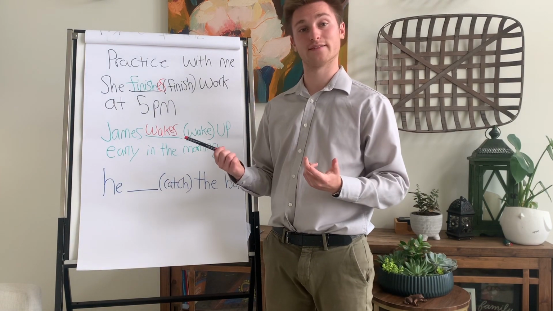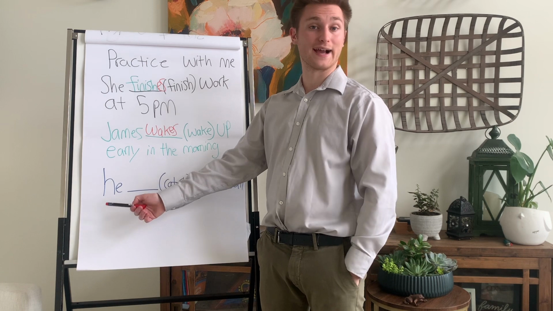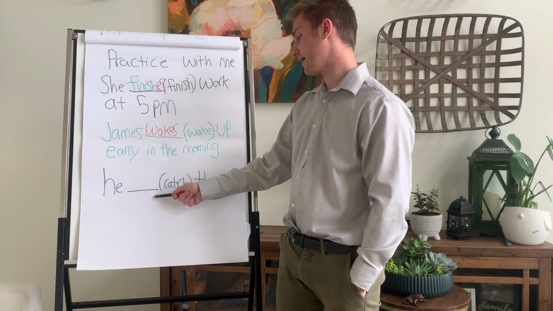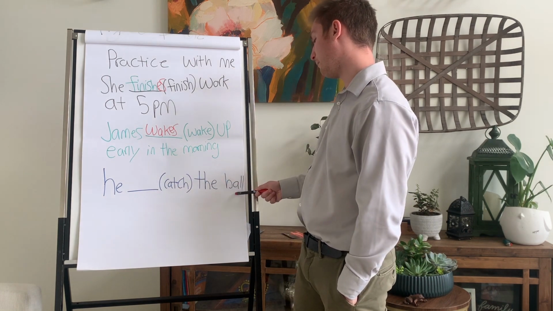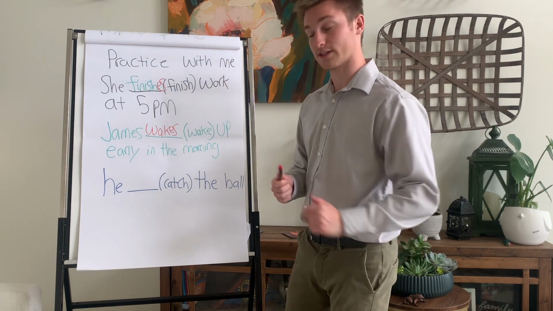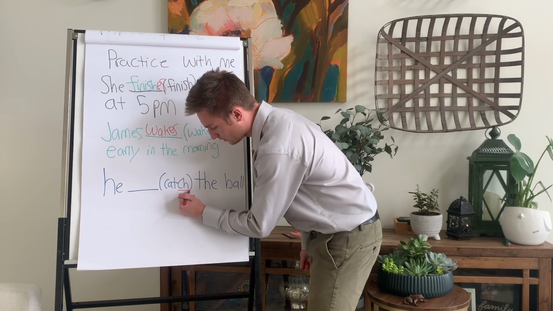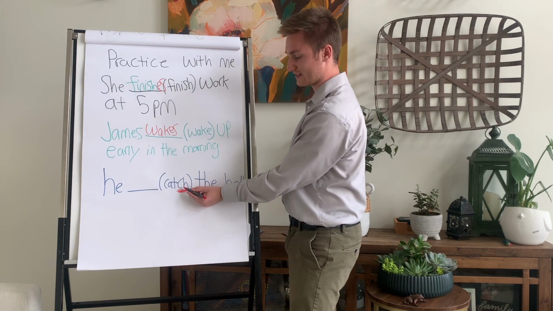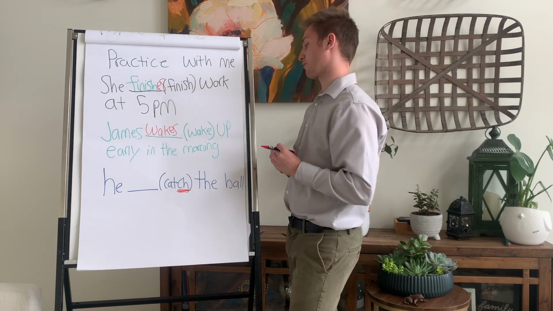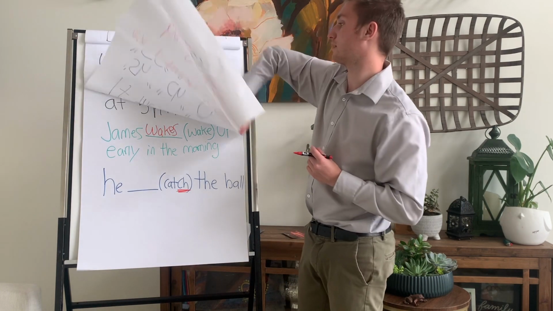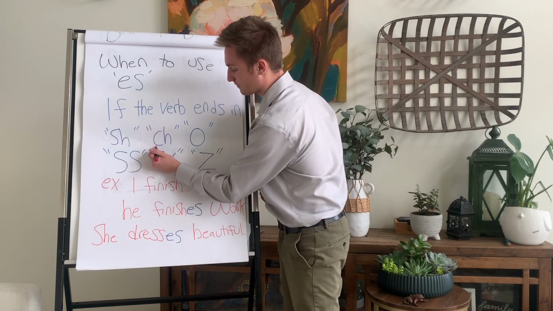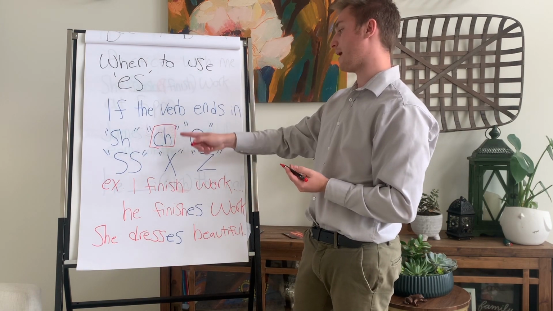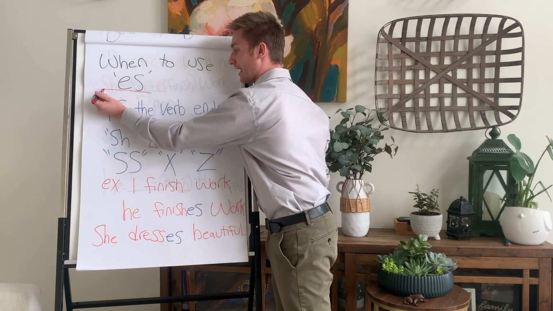Now, the next one. We use once again he. He blank catch the ball. So notice, guys, here we end the word with ch. Remember? Ch is one of our verbs that we must add es.